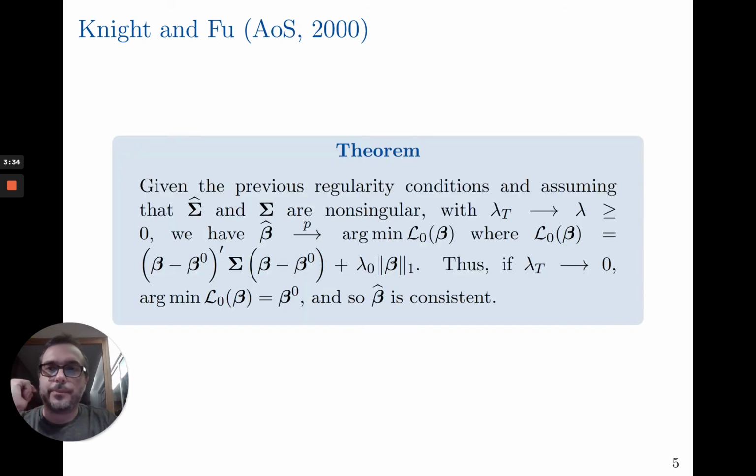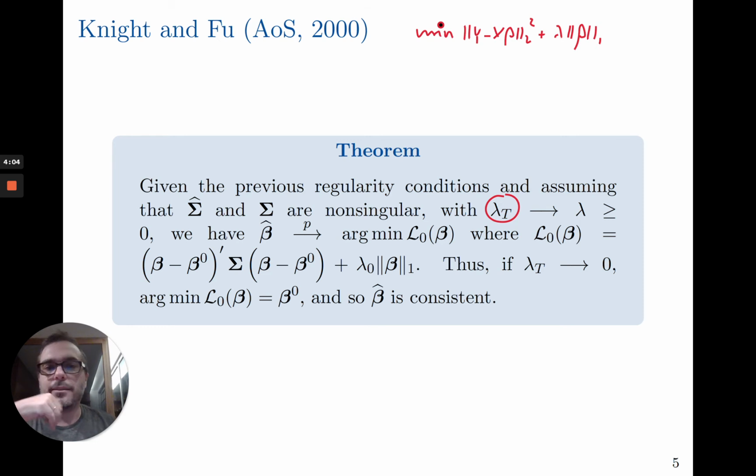What these authors found, okay, is that under the previous regularity conditions, if there is a sequence of lambdas, the penalty parameter in the lasso, again, what's our optimization problem? We are minimizing the squared residuals, y minus X beta squared, plus lambda times the L1 norm, right?